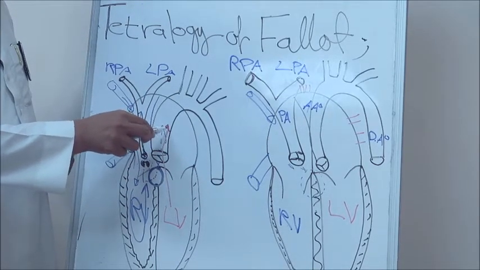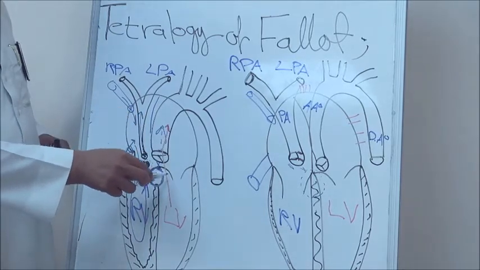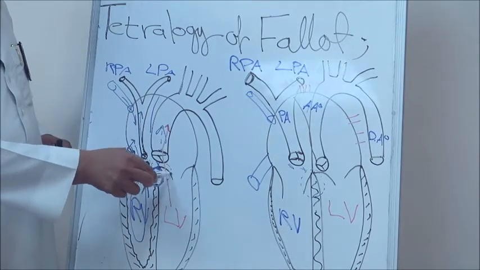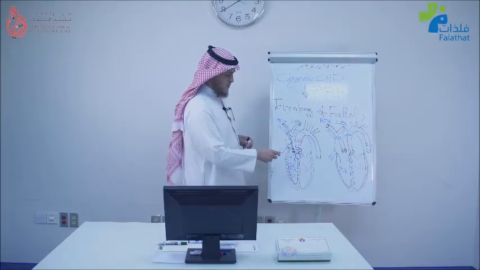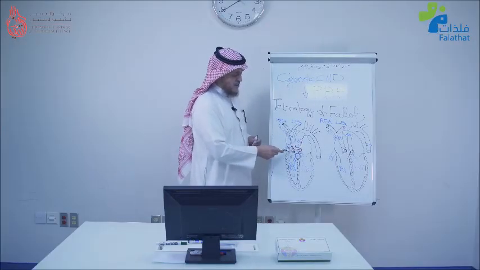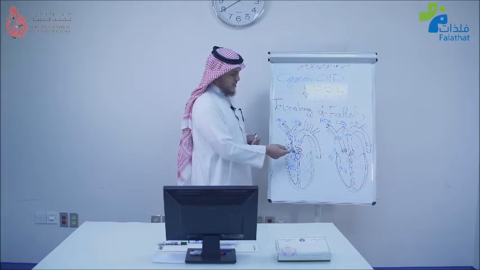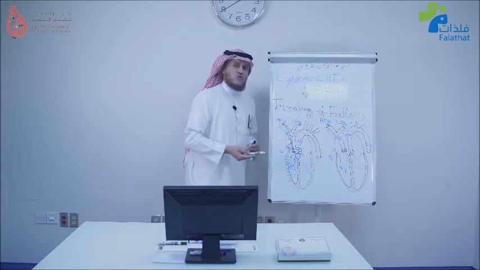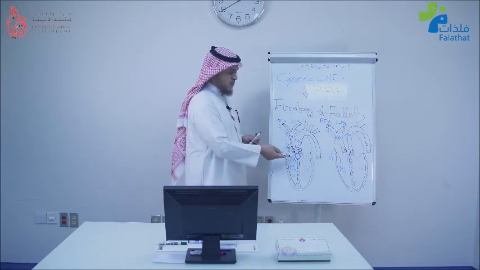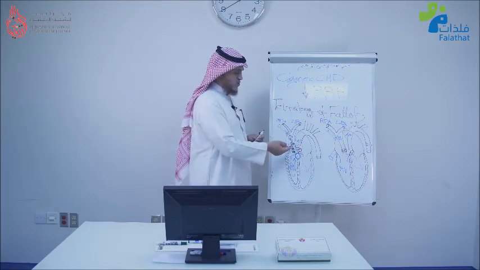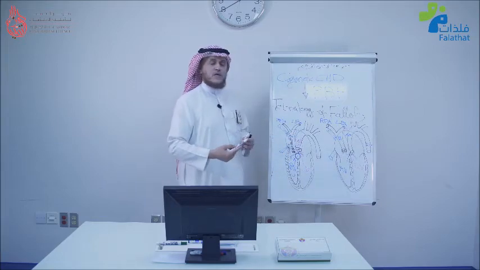So the mixing is really happening somewhere in the VSD and in the aorta. But because we have stenosis here, this right to left shunt amount or magnitude can differ a lot. The more stenosis, the more right to left. And the more right to left, we can have more cyanosis.